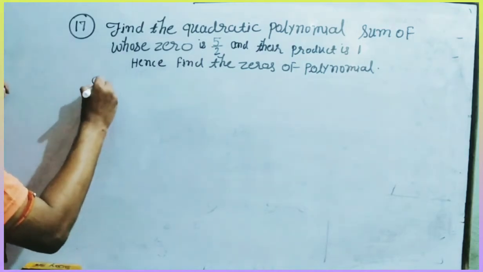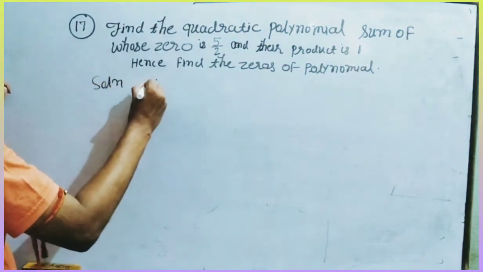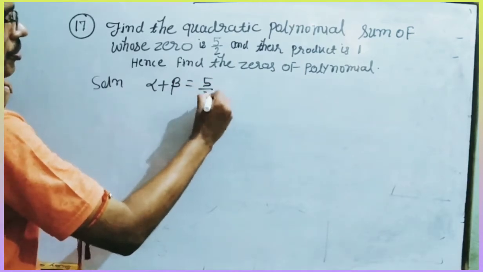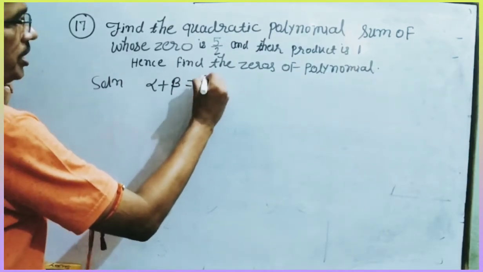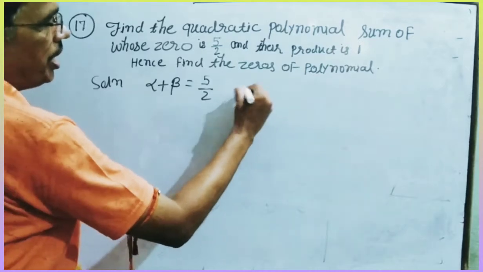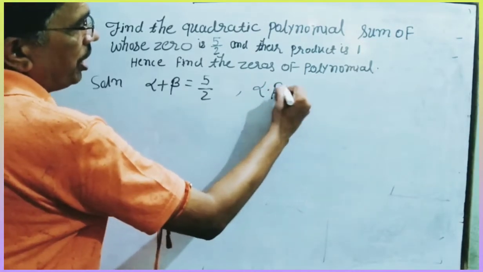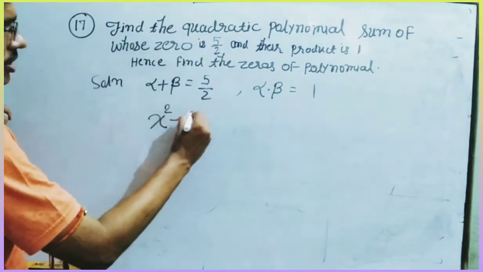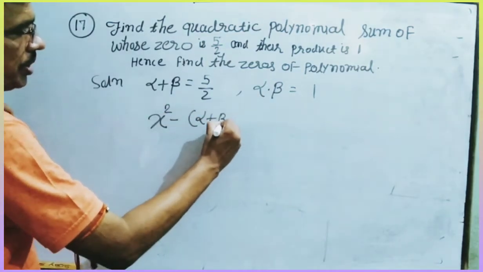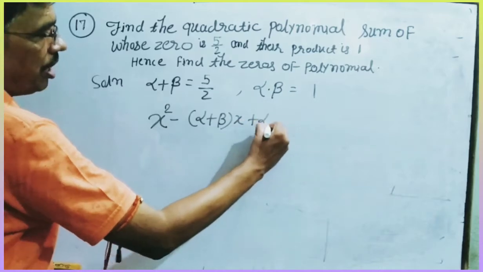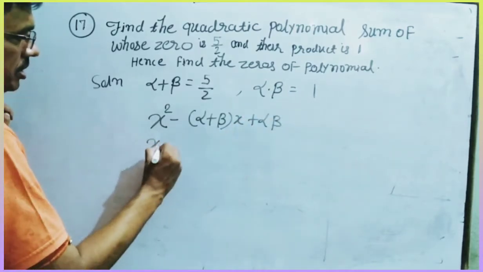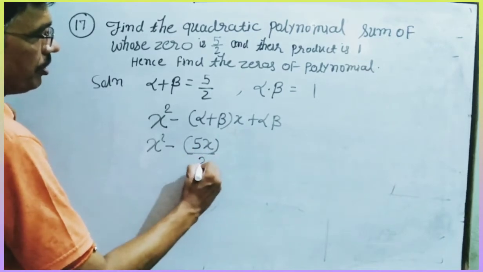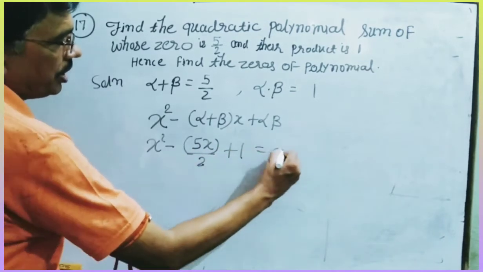So in the solution you write alpha plus beta is equal to 5 by 2, and alpha into beta is equal to 1. So what is the polynomial? That is x square minus (alpha plus beta) x plus alpha into beta. Hence x square minus 5x by 2 plus 1, that is 0.